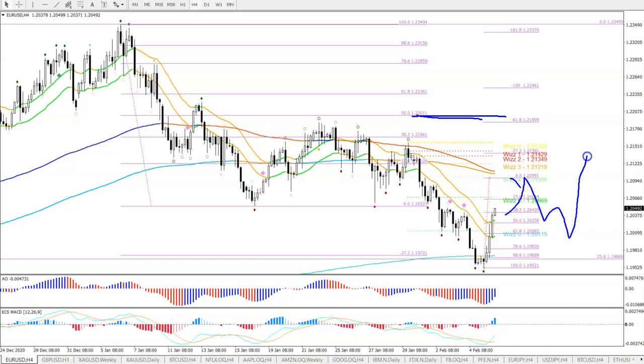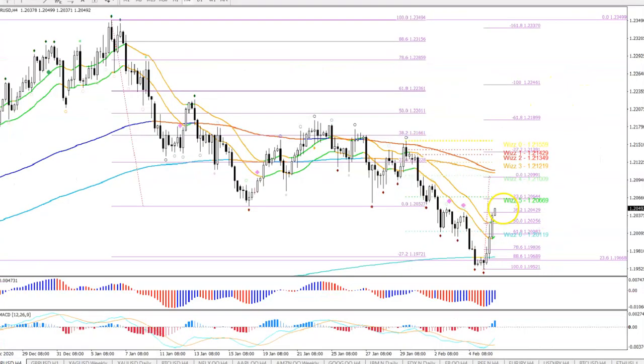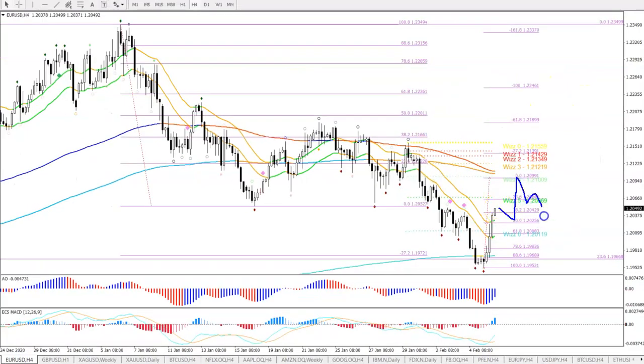And then I suspect, wait, hang on, flag, up, ABC down, and then 1, 2, 3, 4, 5, something like that, towards a move up, towards the fibs and retracements and fib targets. Now, it could go, as I said, all the way up to here.